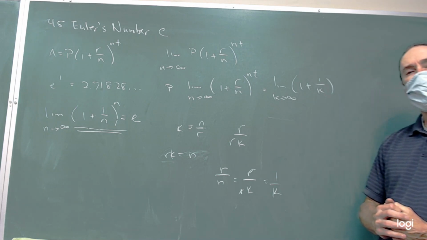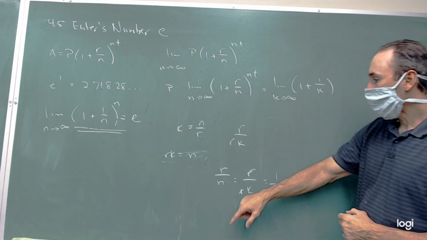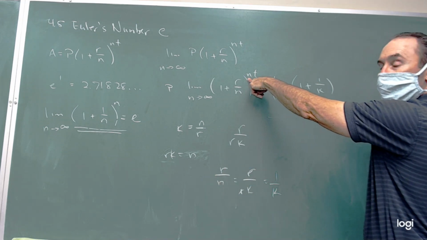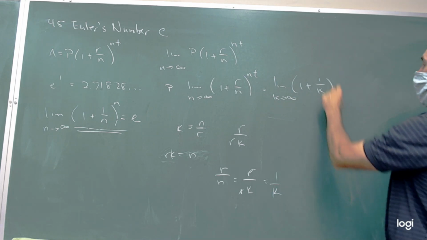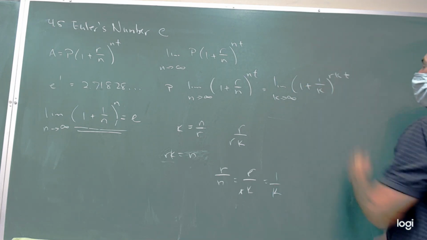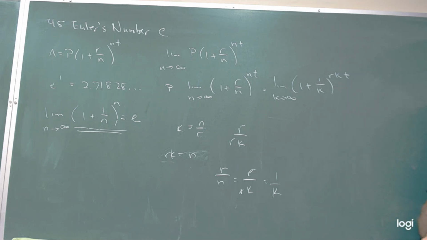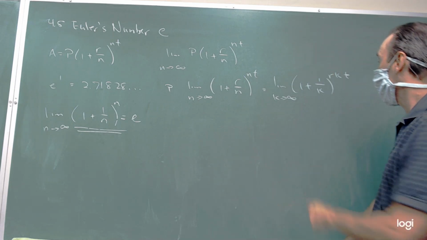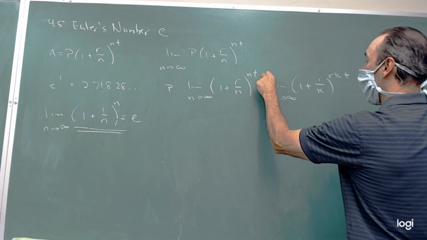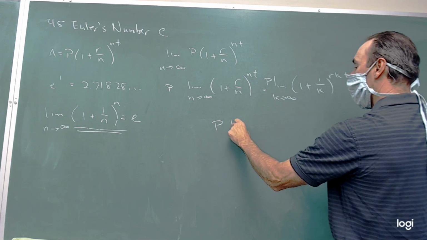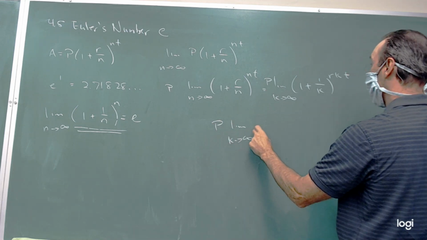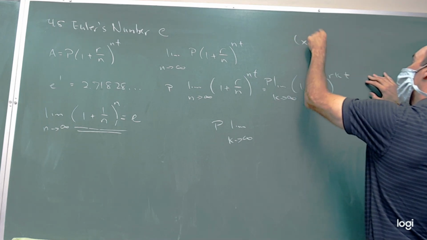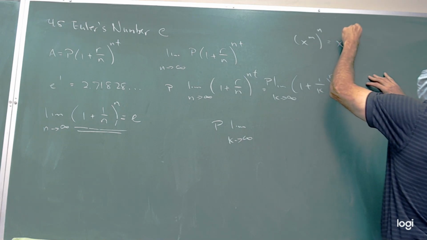Is that okay? So now the n also, we said, is rk. So I'm going to replace that n by rk, so the exponent becomes rkt. Then I'm going to do a little bit of properties of exponents. When I left the p off, that's still in front. So it's p times the limit as k goes to infinity. Now, we know that when you raise a power to a power, we multiply those exponents.